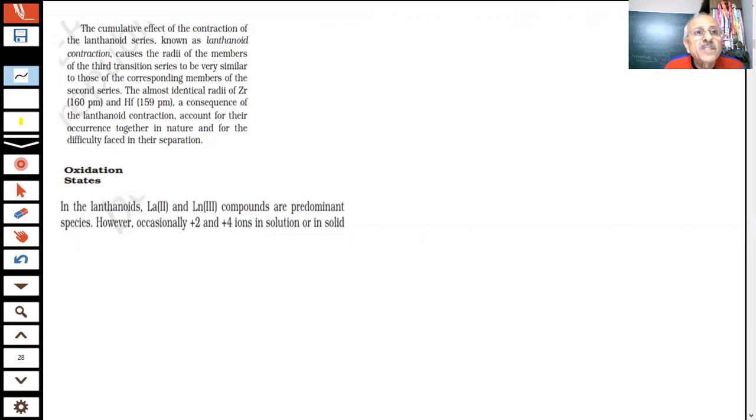Here I said the cumulative effect of contraction of lanthanide, known as lanthanide contraction, causes the radii of the members of the third series to be very similar to those of the corresponding members. This is the first consequence of lanthanoid contraction.